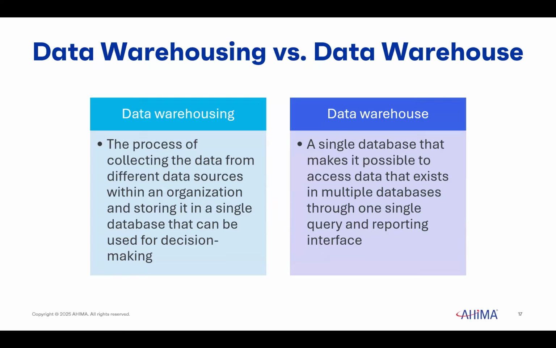Let's talk about data warehousing versus data warehouse, another term that people kind of scramble a little bit. Data warehousing is a verb. It's the actual process of collecting the data from different data sources and storing it in a single database where we can use it for decision making.